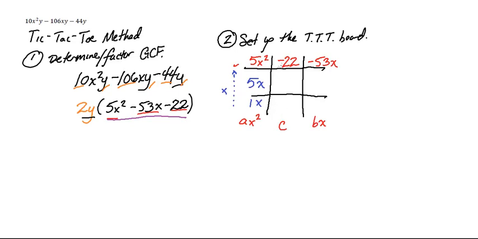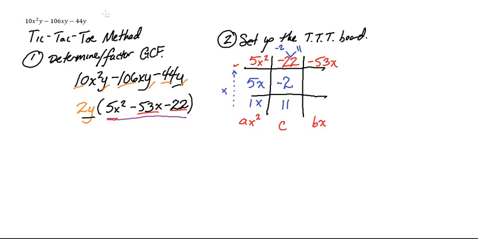Alright, so they're going to multiply to negative 22. The only two things I can think of that multiply to 22 are 2 and 11, because those are primes. So I'm going to pop the 11 in here and the 2 here. One of these has to be negative, so let's try the negative 2 first.